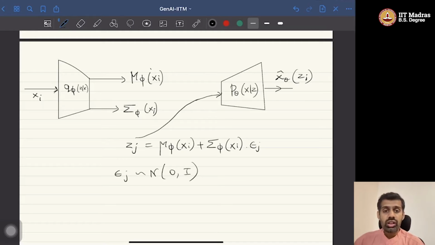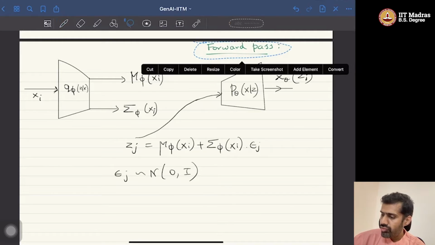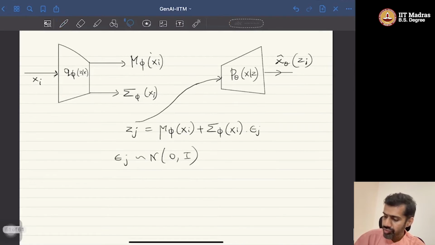So how does the gradient computation happen? I'll denote the forward pass in green color. How does the forward pass happen?